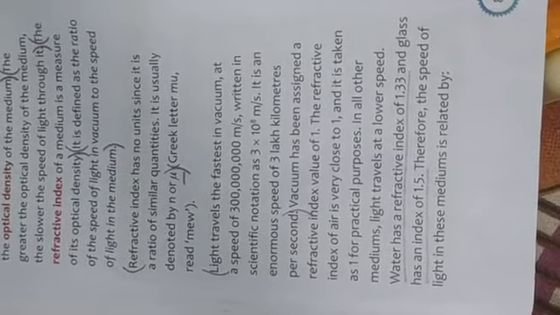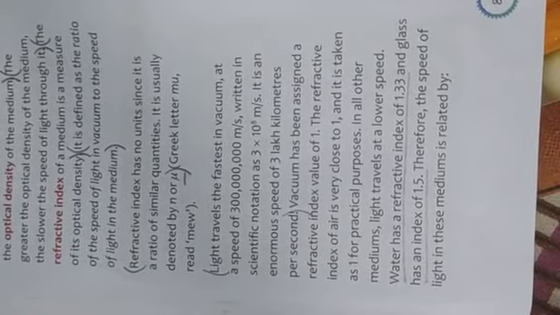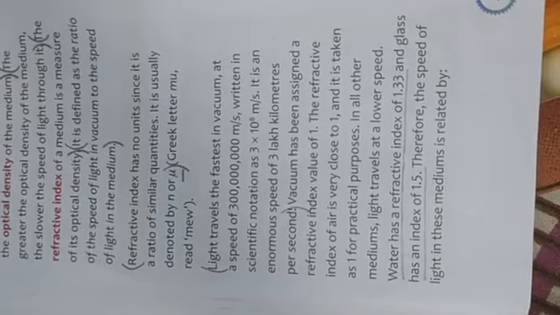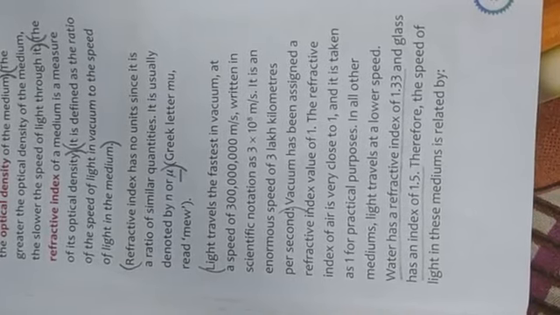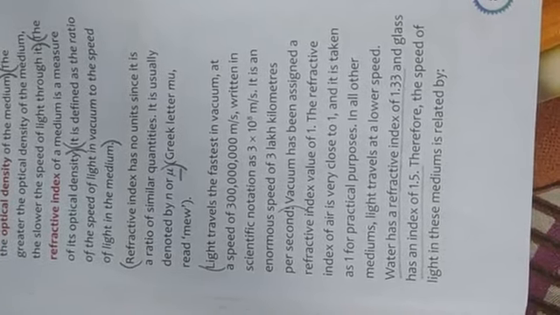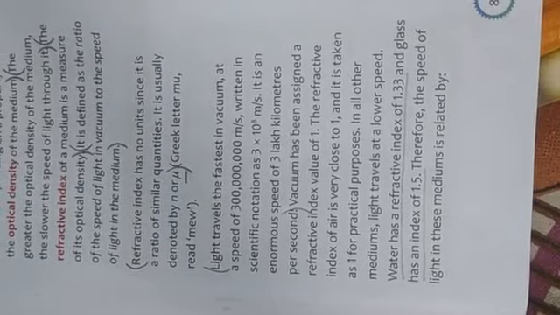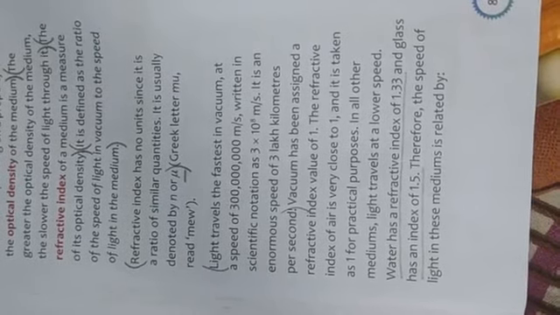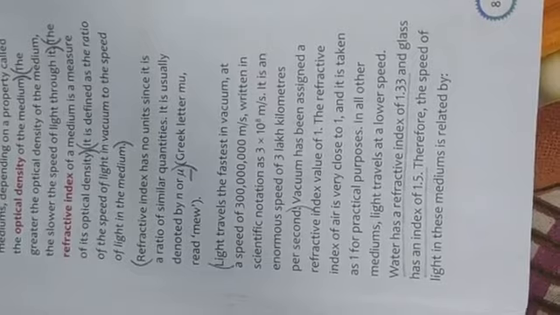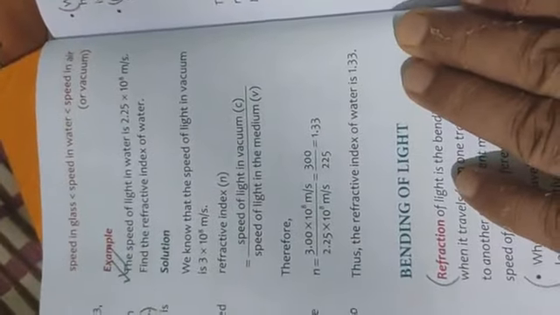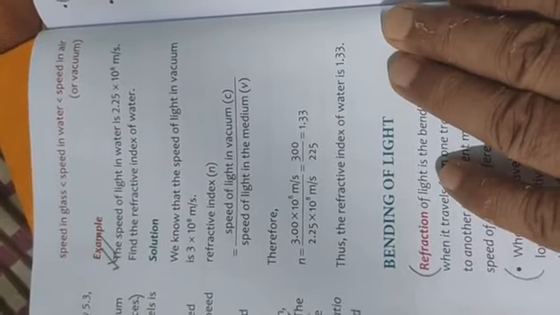In all other media, light travels at a lower speed. Water has a refractive index of 1.33, and glass has an index of 1.5. This means the speed of light in glass is less than the speed in water, which is less than the speed in air.